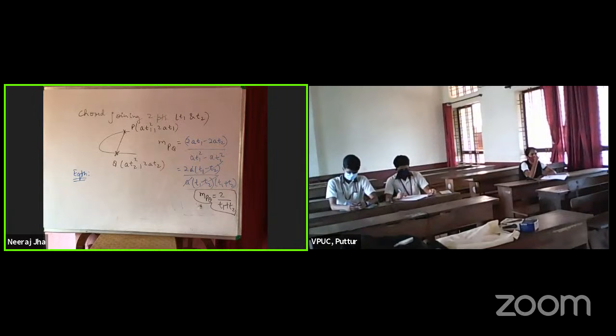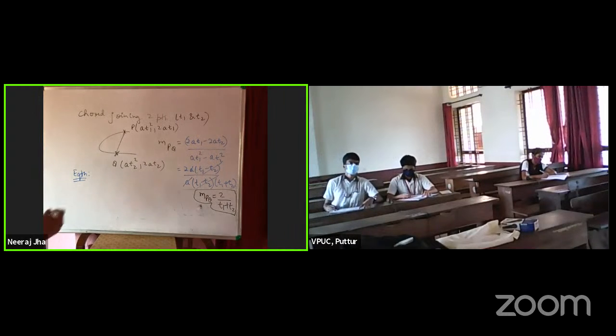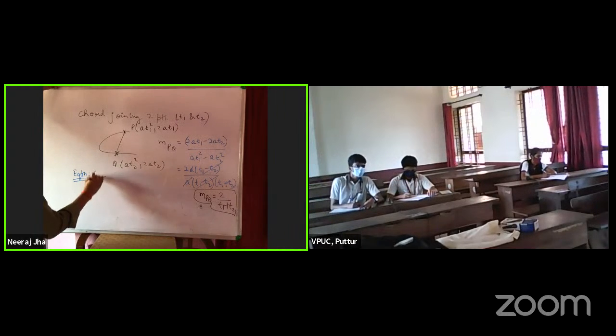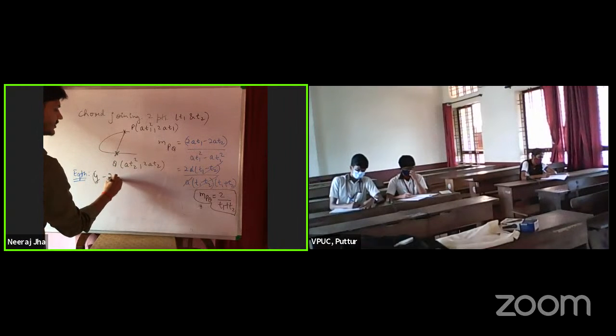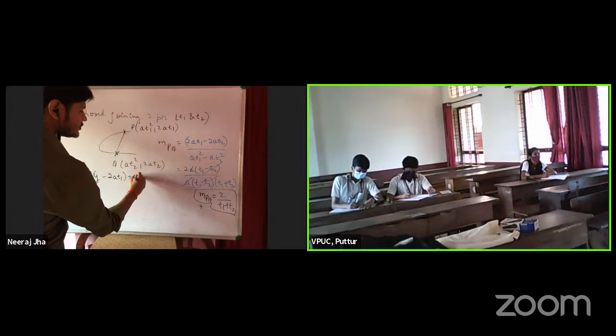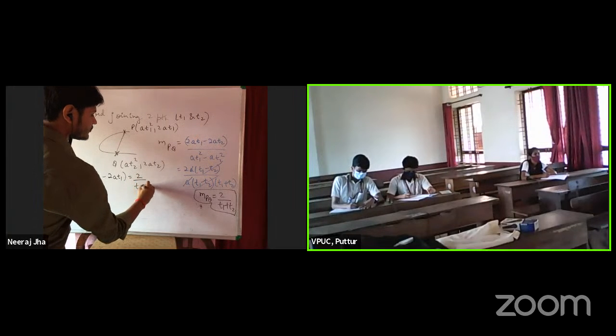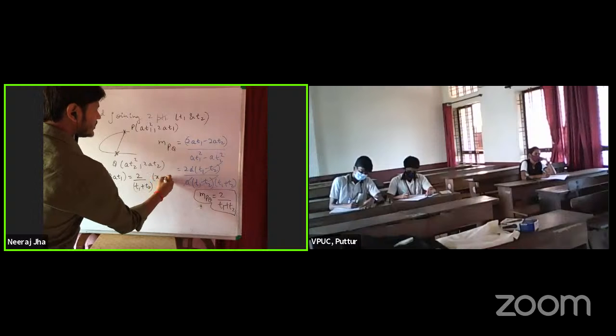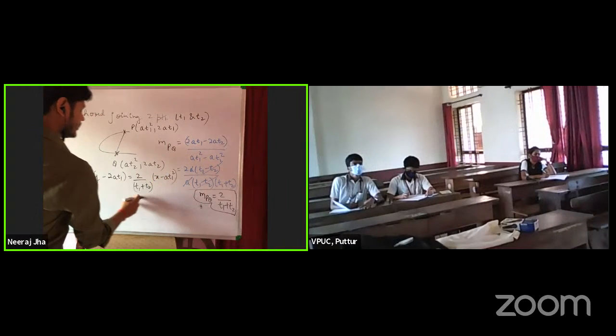If anyone can please find the equation of this chord. Anyone from your side can find the equation of this chord. That is very easy actually. y minus y1, take any point. Let us take this point. y minus 2at1 is equal to m, that is 2 upon t1 plus t2 into x minus at1 square.